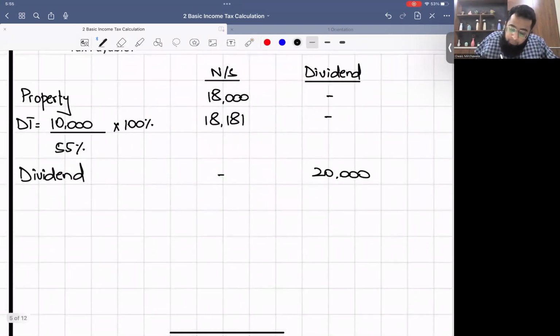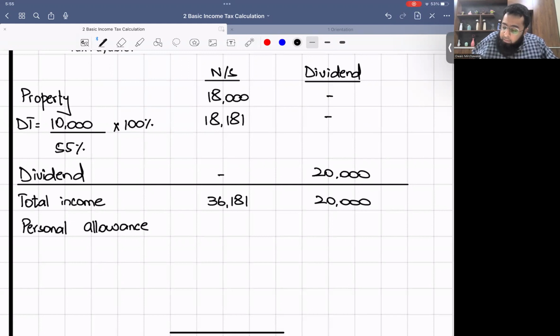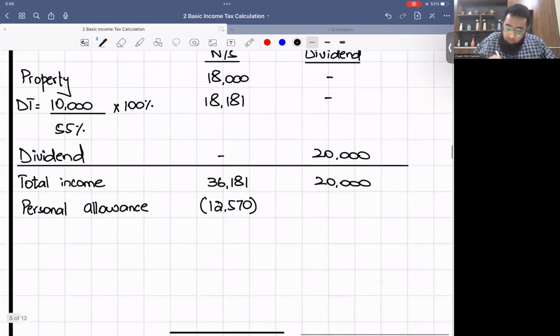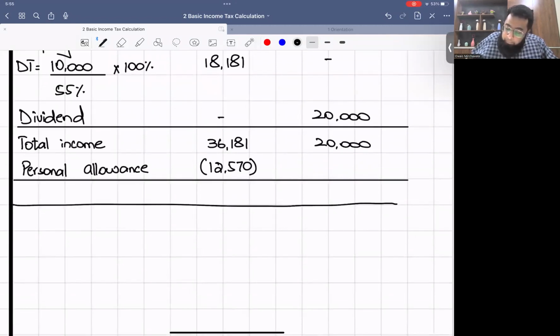Now, we will add up all of the incomes to arrive at the value of total income. 36,181 and 20,000. Clear? We'll adjust personal allowance. Personal allowance is 12,570. So we will arrive at the value of taxable income.